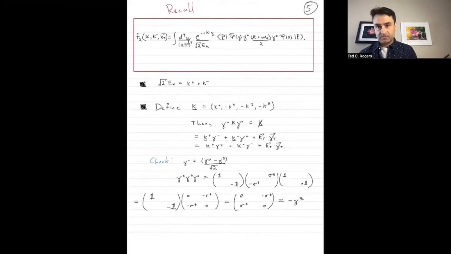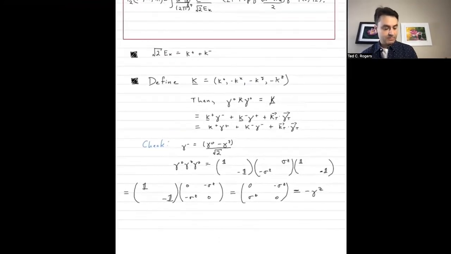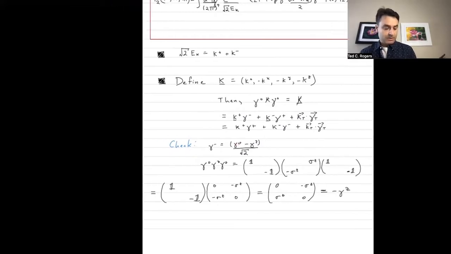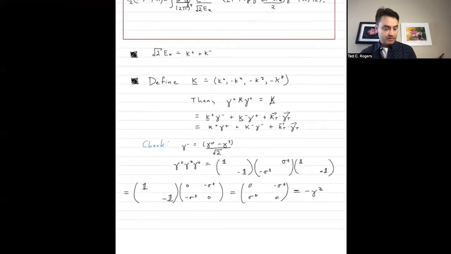So to check that, you can do the following. Well, gamma minus is defined in the same way you would define any light cone variable. It would be the 0 component minus the Z component. And if I apply gamma 0, well, gamma 0 squared is always 1, right?